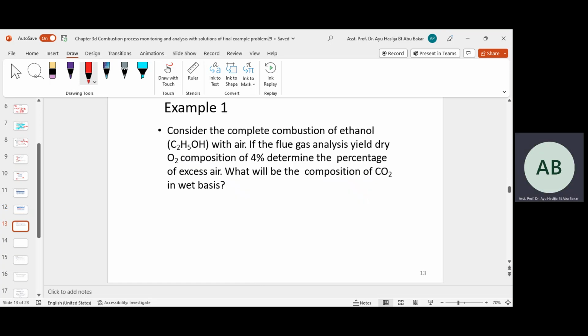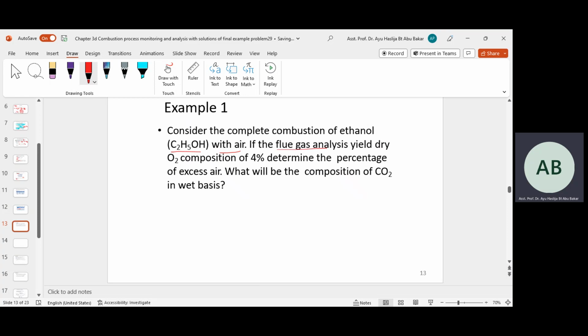Next, we go to example one, where we consider ethanol as the fuel in a combustion process with air.